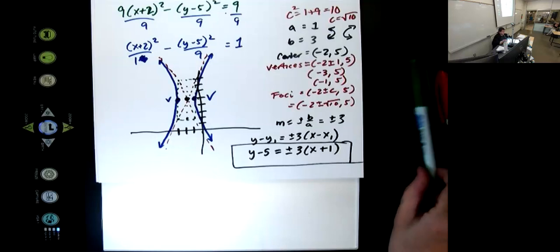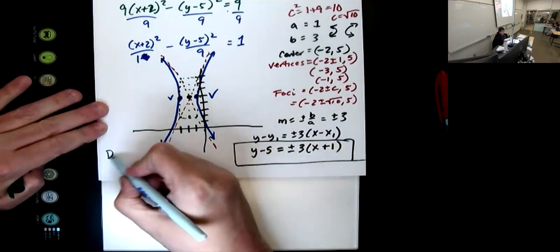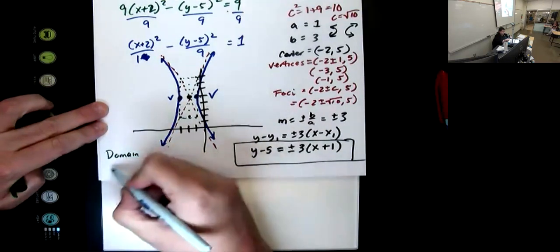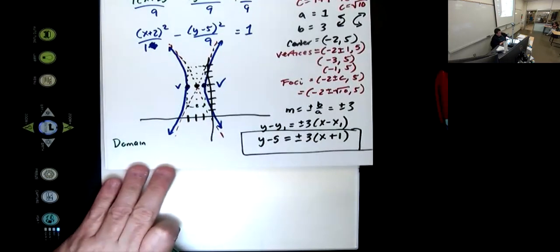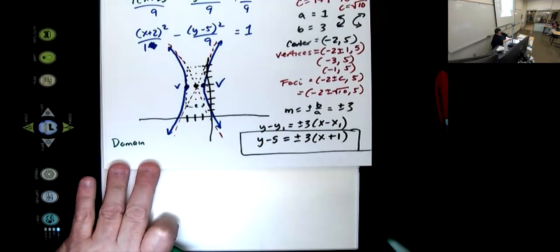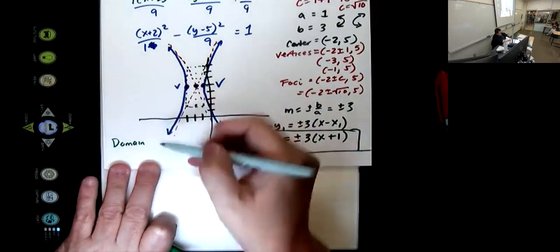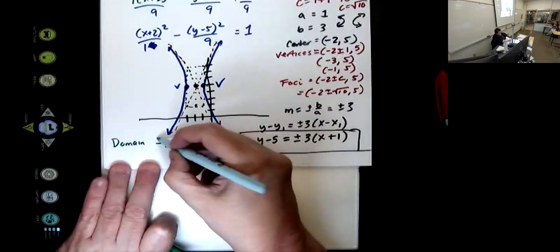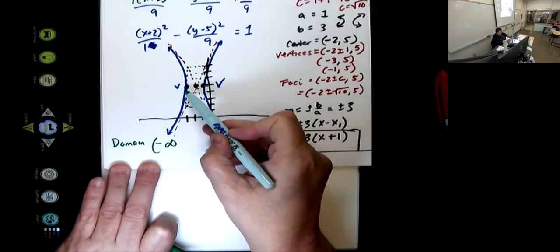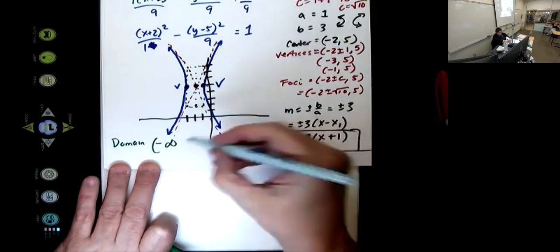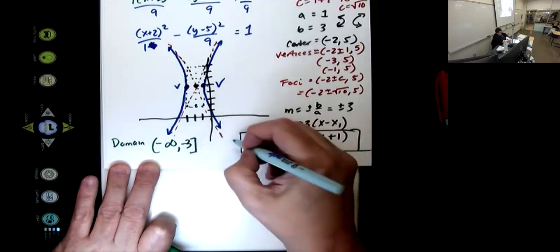What's the domain and the range? So the domain, it looks like it keeps opening to the left and right. So the domain starts at -infinity and it goes all the way up to the vertex, the furthest point on the right, which is at -3. And we got a bracket because it includes it.